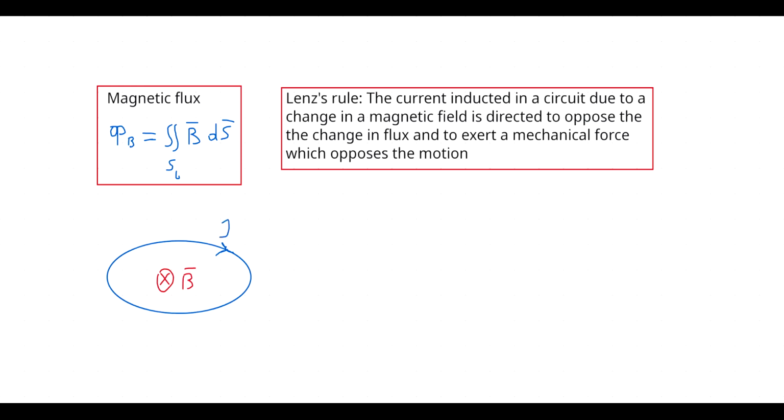Because this current will produce a magnetic field like this, and this magnetic field will compensate the decrease in the external magnetic field. Okay, do you have any questions about this? No questions. Okay.